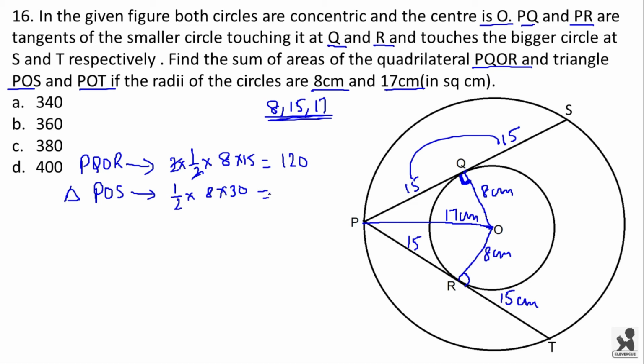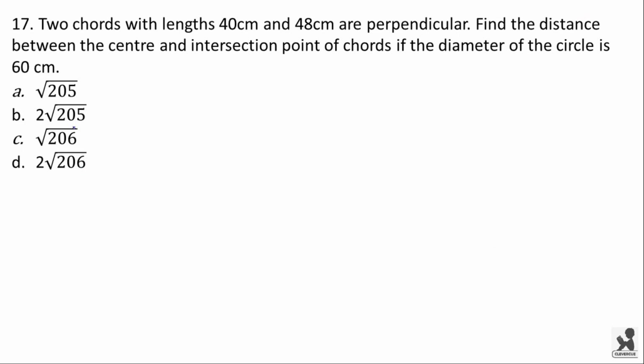Now this will be equal to 4 into 30, that is 120 square centimeters. Again you have triangle POT, which is also 1 by 2 into 8 into 30. We have again 120. Now by adding all this we get 360 square centimeters. Option B is the right answer.